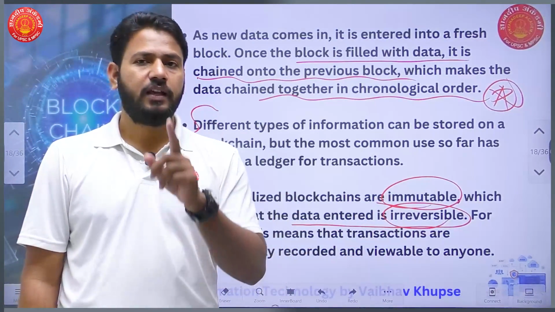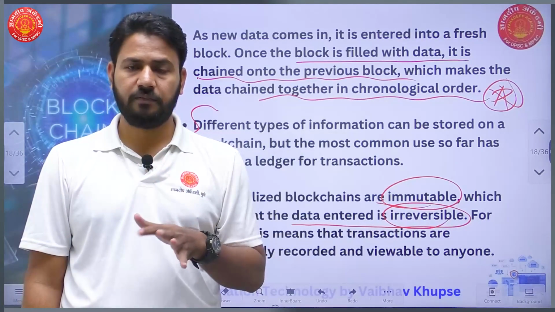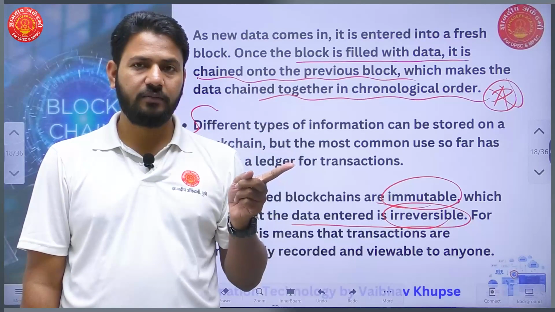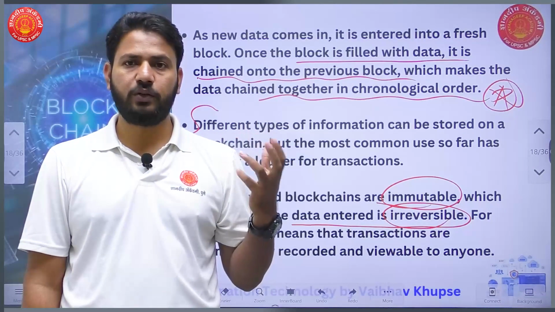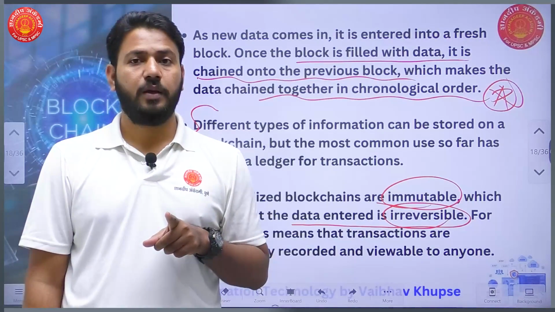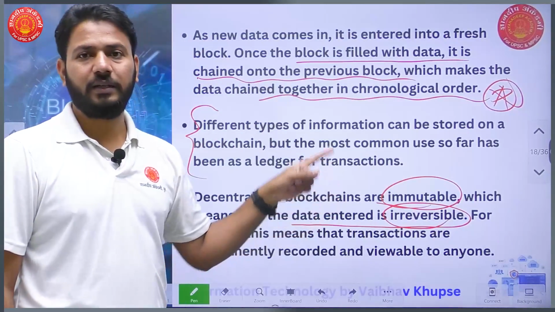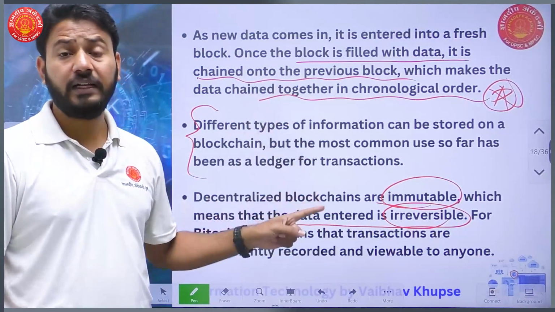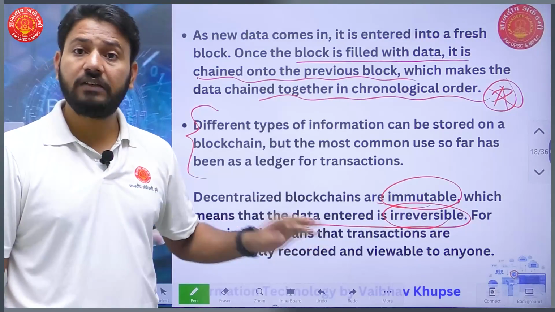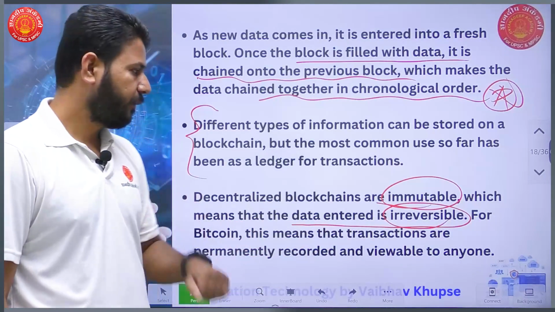Tell me one thing. If you enter data in a ledger, can it be reversed? Yes. Can there be changes made to the statement? Yes. Digitally, yes. But blockchains are immutable, which means any data entered in a block is irreversible at any cost. You cannot change it, right?